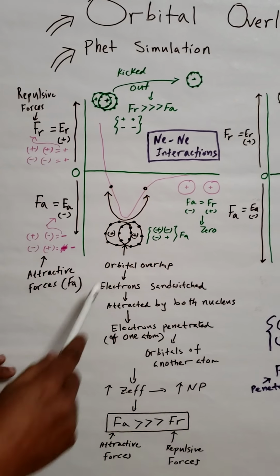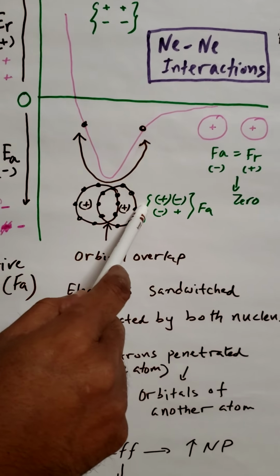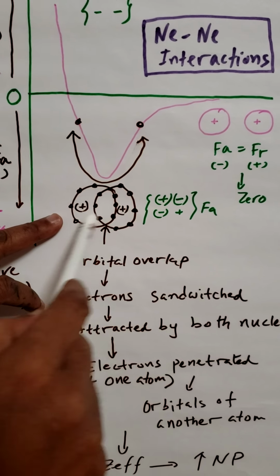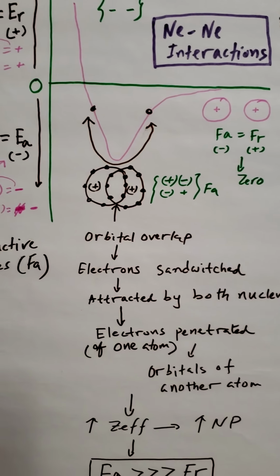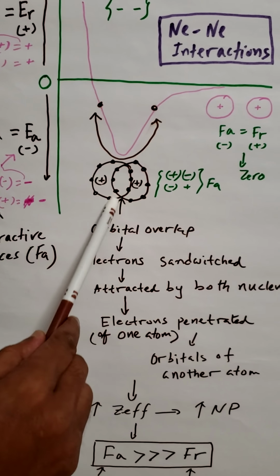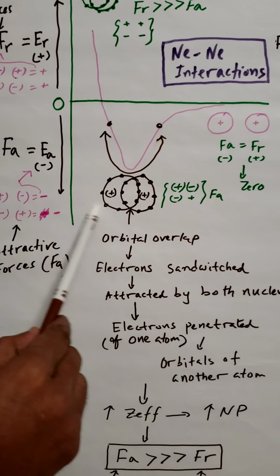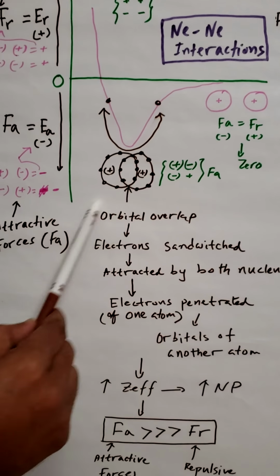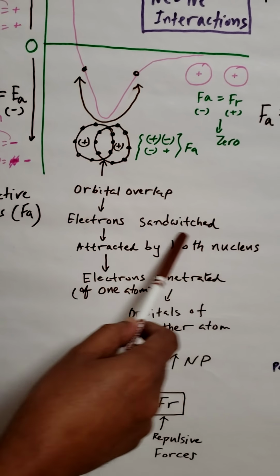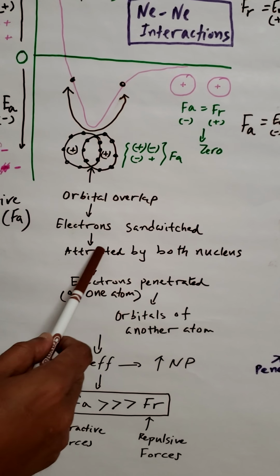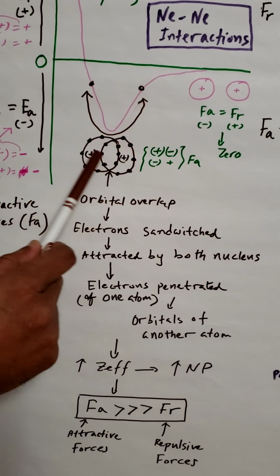So now what's happening here? Here the nuclei are not too close to each other, but you have a lot of electrons sandwiched between the nuclei, right? So there is orbital overlap, and because of this you have sandwiched electrons, and these sandwiched electrons are attracted by both nuclei, this nucleus and this nucleus.